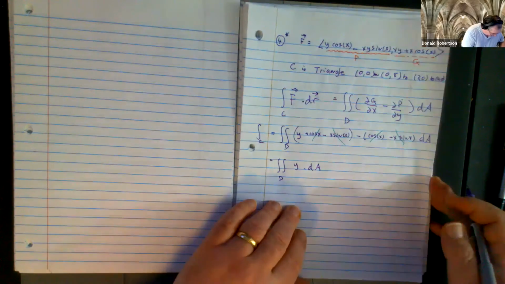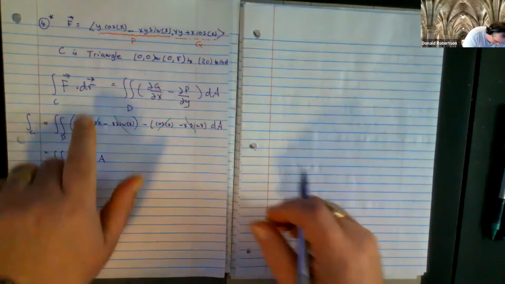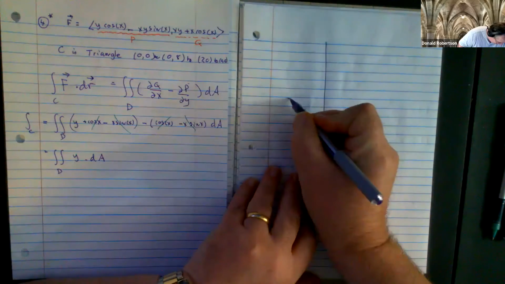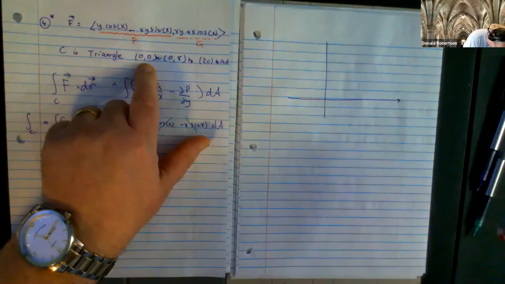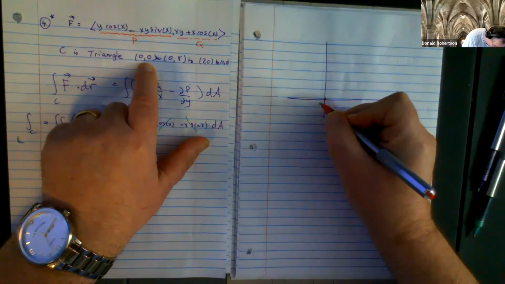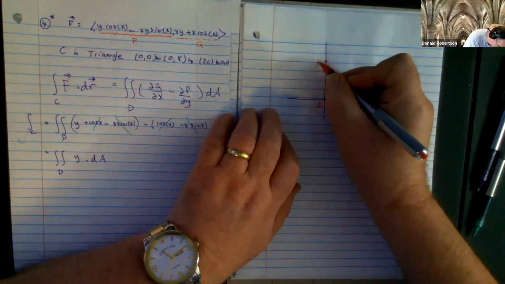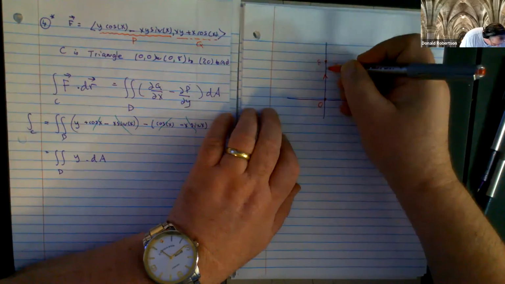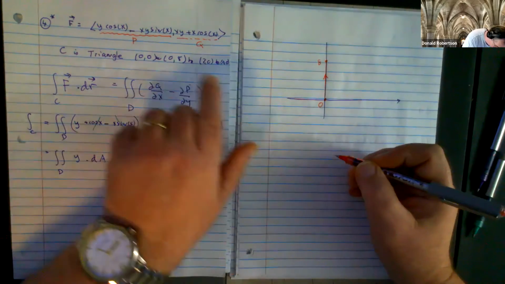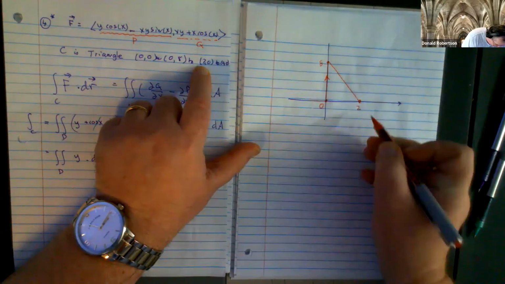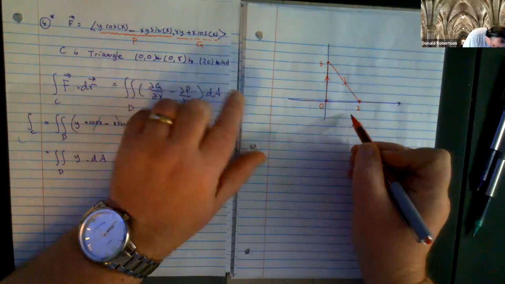Now we have to figure out who our D is. It's a triangle, I believe. So you start off at the origin, then you go to 0, 8, which is up here. And then you go to 2, 0, I know it's not to scale, which is here. And then finally, you return back to the origin.